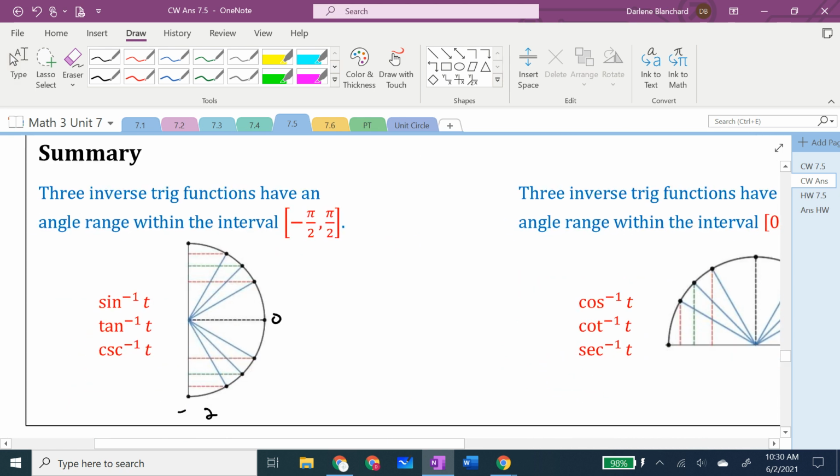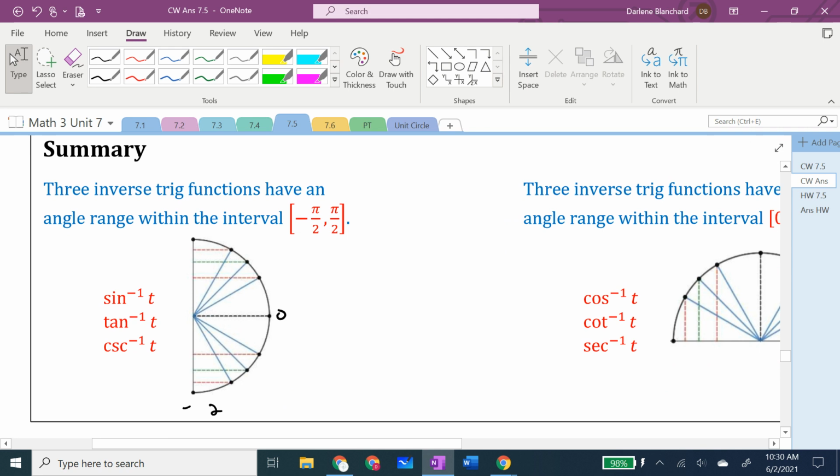The summary is when you are working with inverse sine, inverse tangent, or inverse cosecant, the angle range you are working with is from negative pi over 2 to positive pi over 2. So just to present it, you've got negative pi over 2, negative pi over 3, negative pi over 4, negative pi over 6, and then what we're familiar with, 0, pi over 6, pi over 4, pi over 3, and pi over 2.